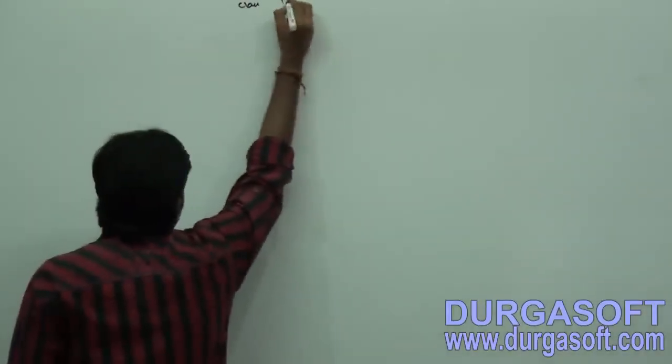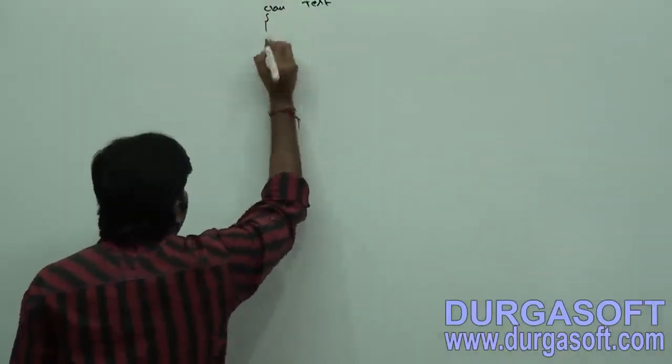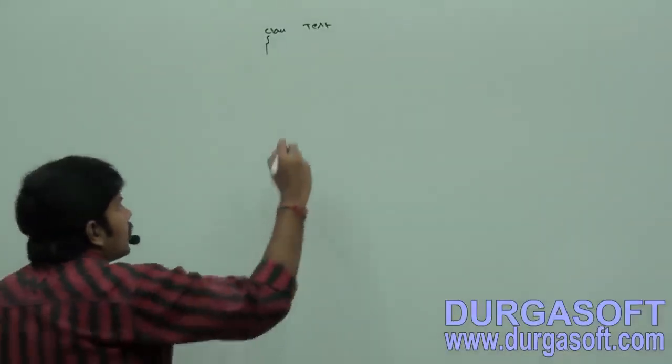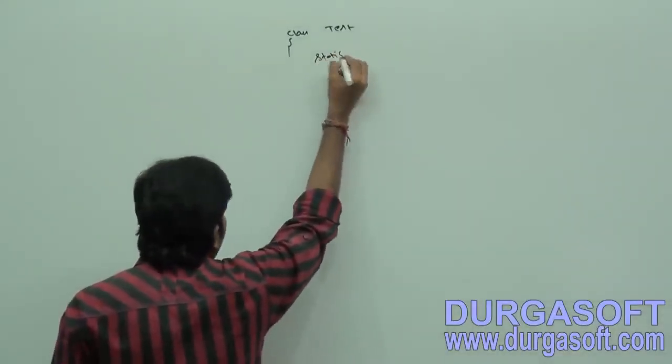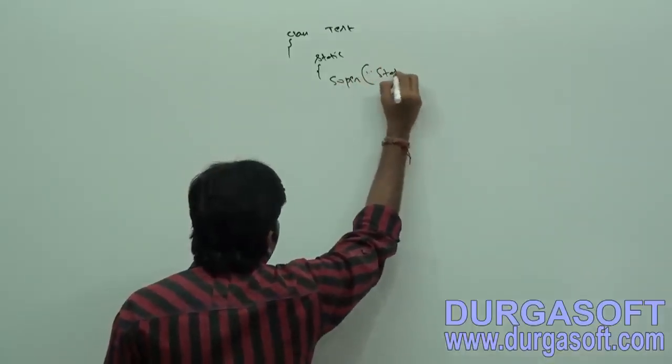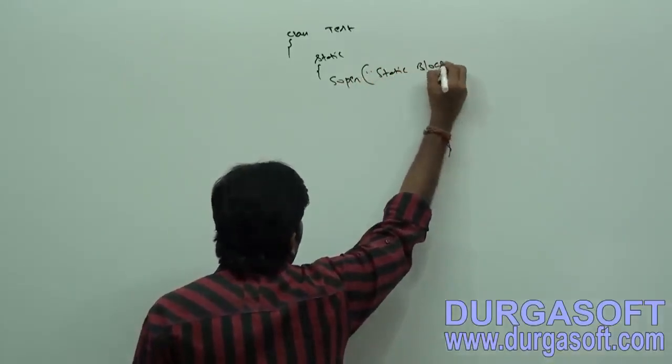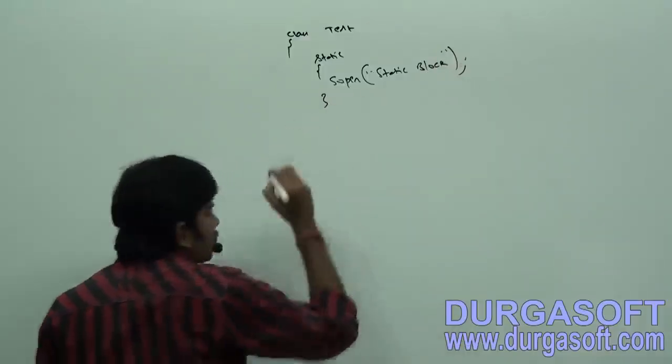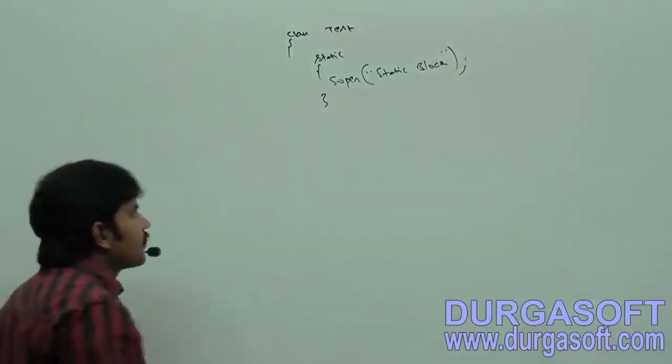Here, see, I'm taking class Test. Take special care, class Test. Here I'm taking a static block with System.out.println, "static block is there."